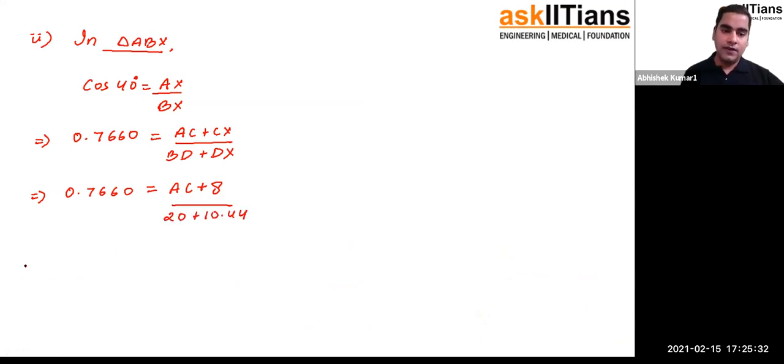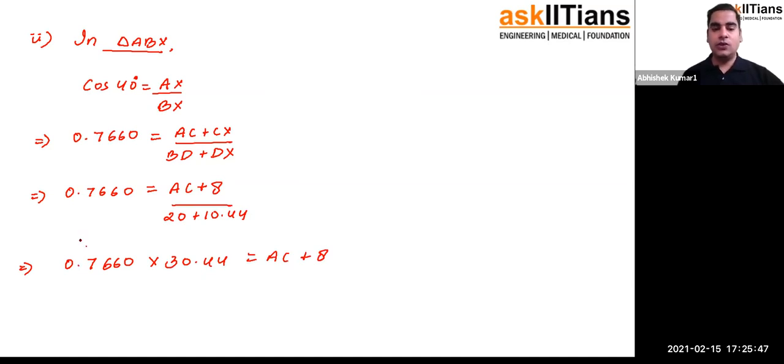So what will you get? You will get 0.7660 multiplied by 20 plus 10.44, that will be 30.44, and that's equal to AC plus 8. Guys, quickly multiply 0.7660 and 30.44 and let me know what you are getting.